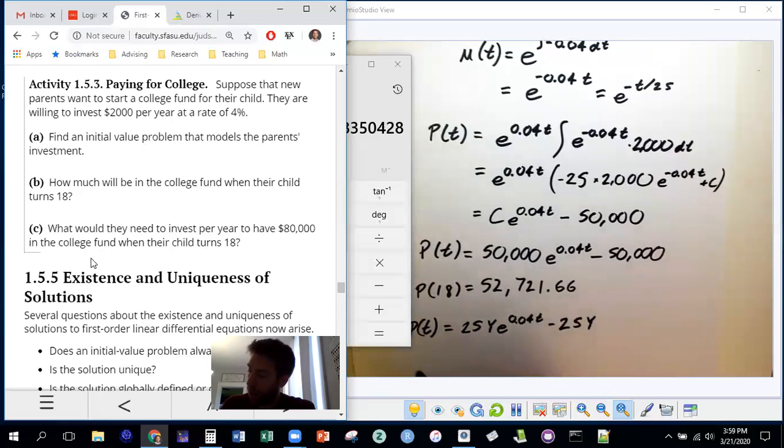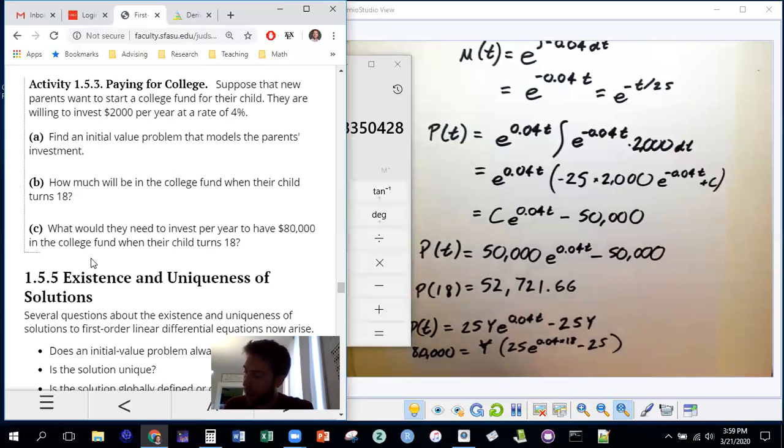So plugging in t is 18, I have 80,000 equals, I'll factor the Y out, Y times 25 e to the 0.04 times 18 minus 25.